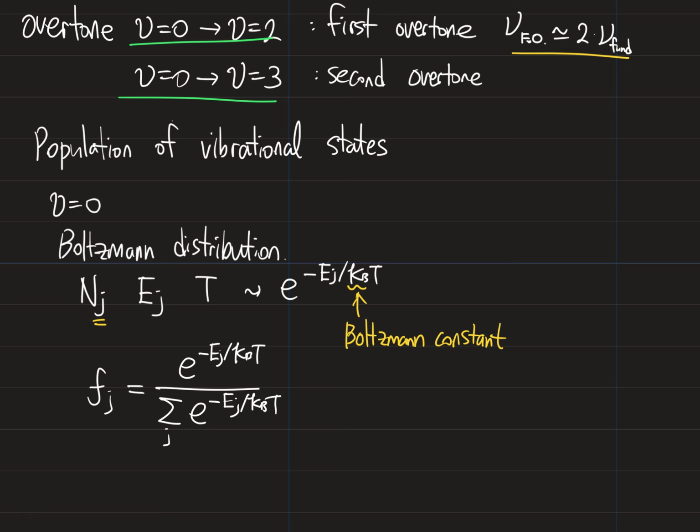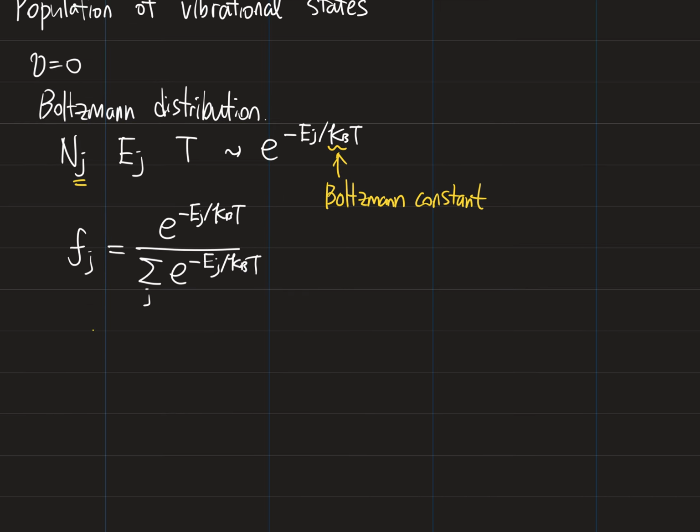All we have to do is replace the energy expression with our energy for the harmonic oscillator, take the infinite sum for the denominator, and put the single value in the numerator.